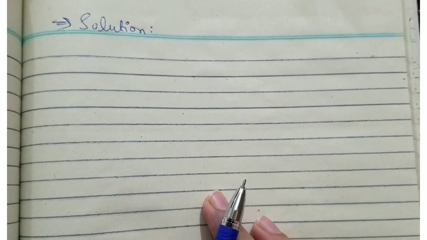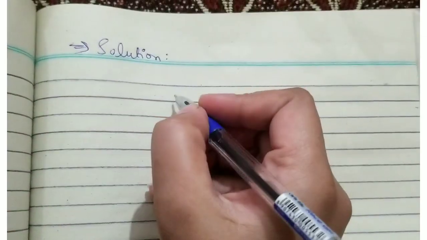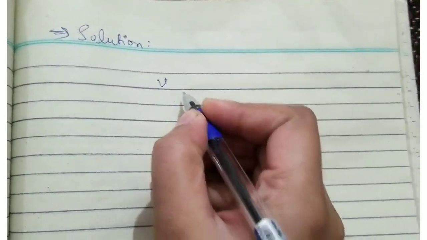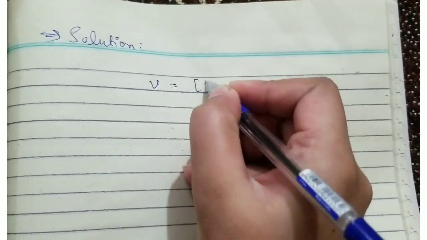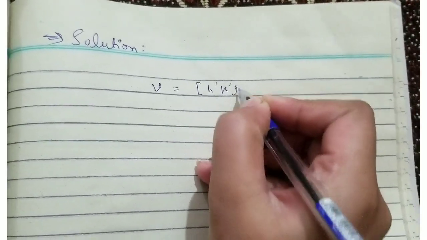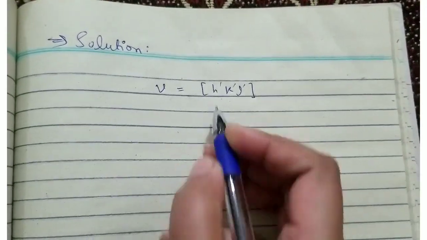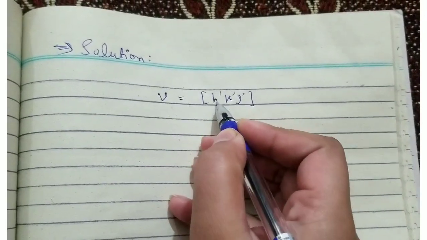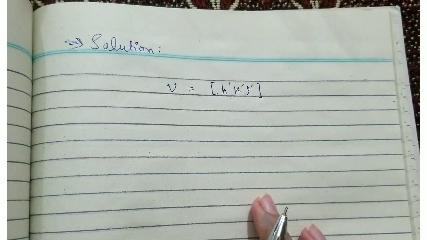So let's begin with the solution. Here the direction is given, which is v, in the three-digit index system, and the indices are named h', k', and l'.